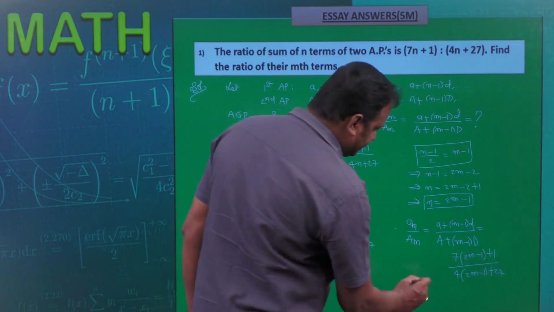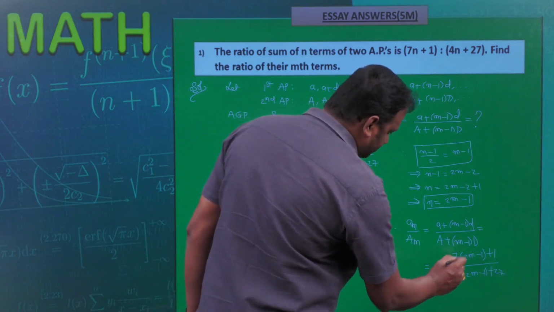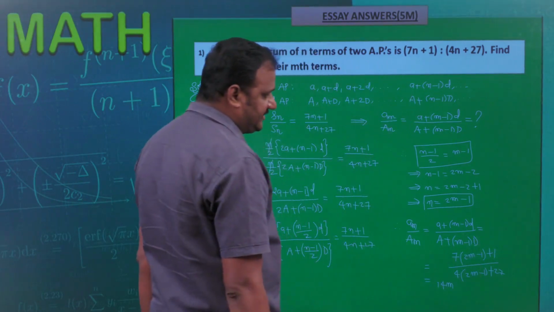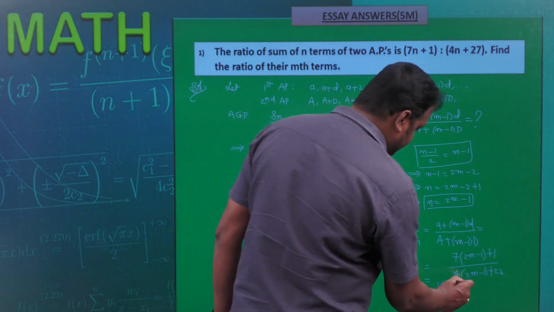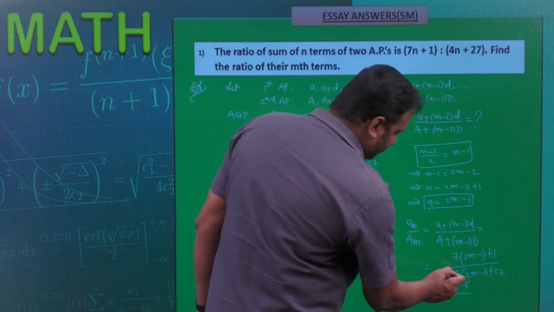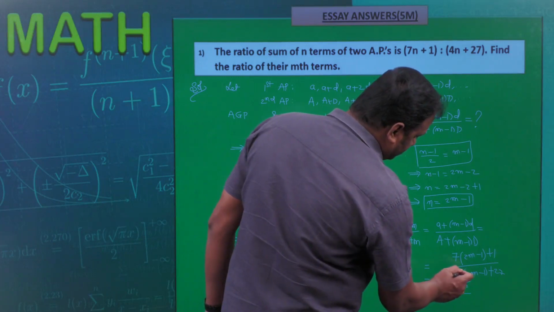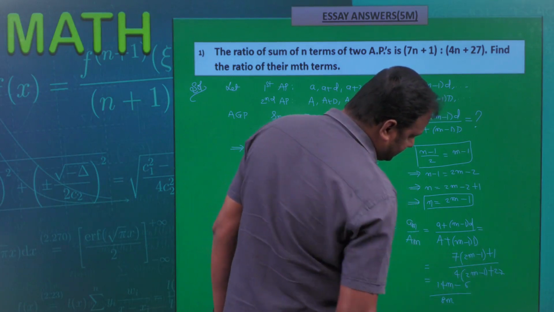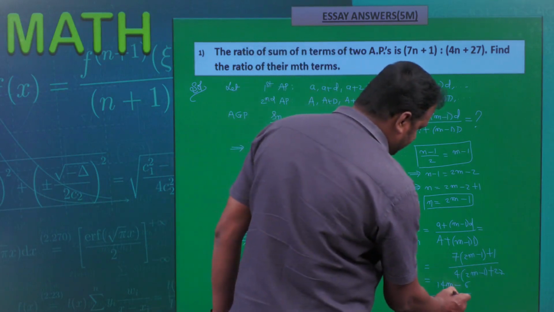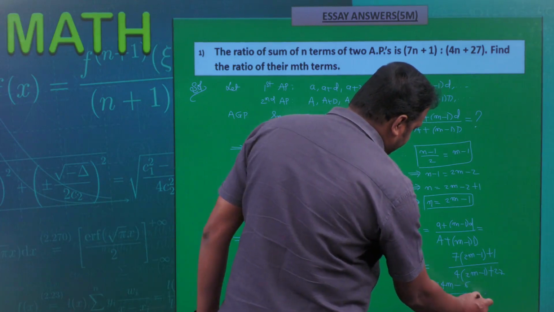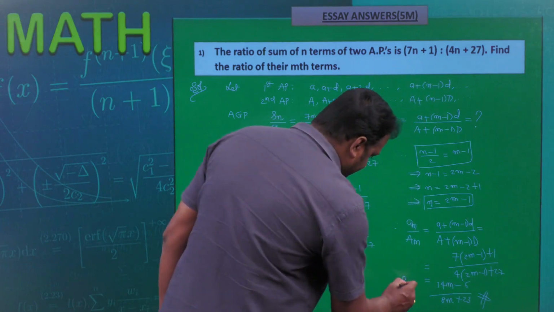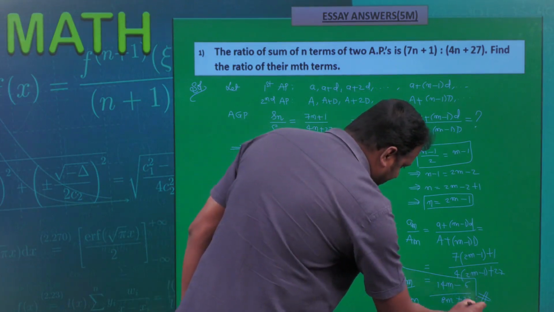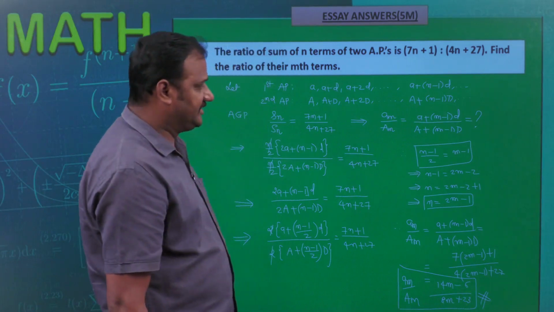So finally what we get here: 7 into 2 is 14m. 7 into minus 1 is minus 7, plus 1, which is minus 6, divided by 4 into 2, which is 8m, and then 4 into minus 1 is minus 4, plus 27 is going to be plus 23. So this is the ratio between their mth terms. So am divided by a'm is equal to (14m minus 6) divided by (8m plus 23).